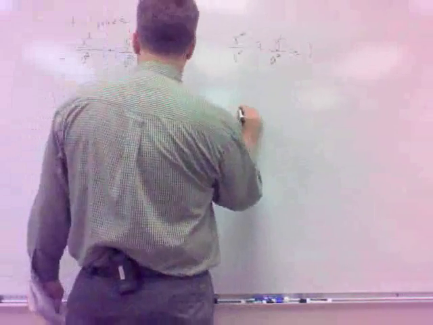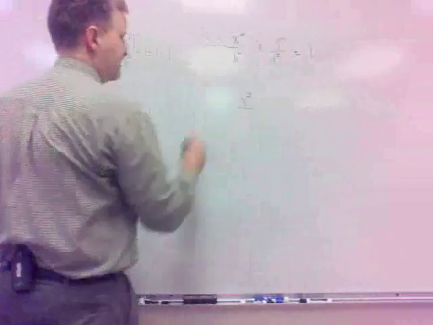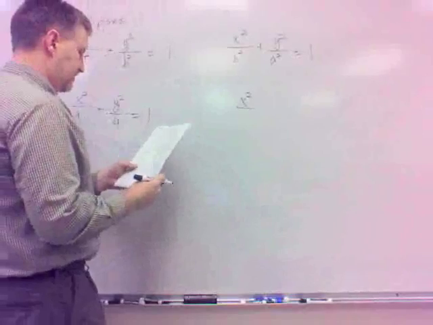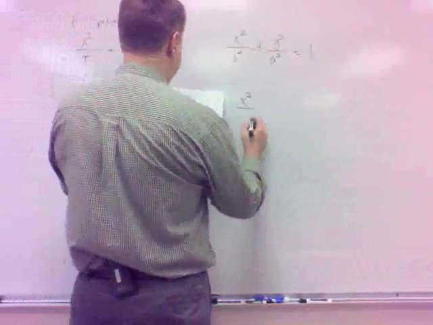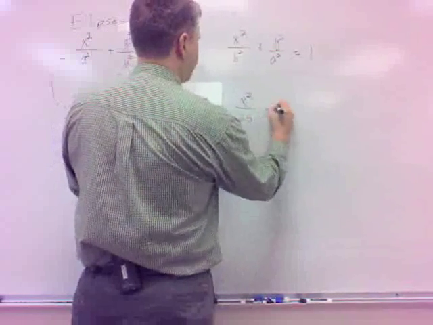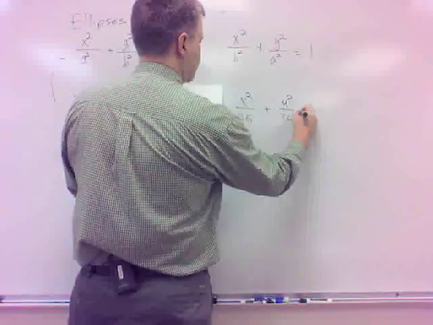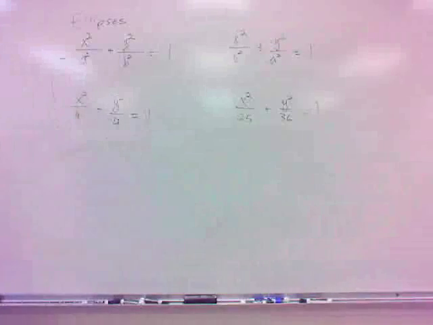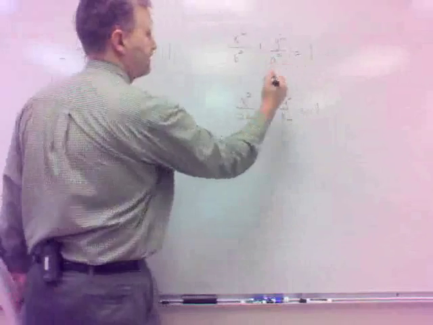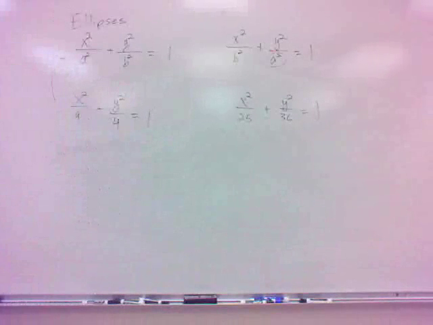Yeah, so that just means you generally want the a bigger than the b. That's the only difference there. x squared over 25 plus y squared over 36 equals 1. Okay? That's the only difference. The a squared, you generally want it to be the bigger one. Okay? But yeah, these are ellipses.